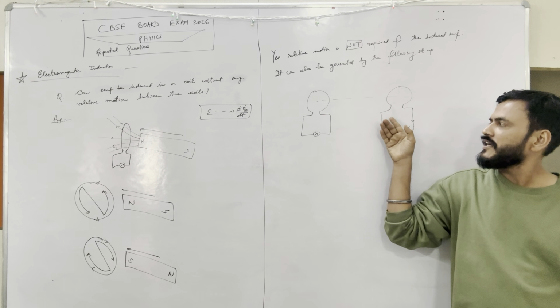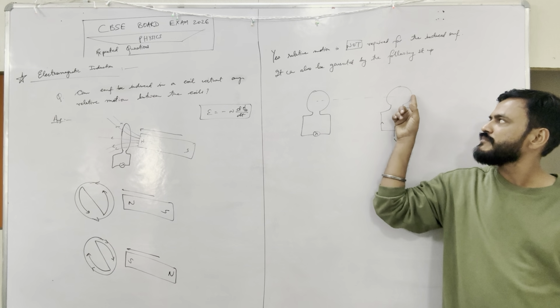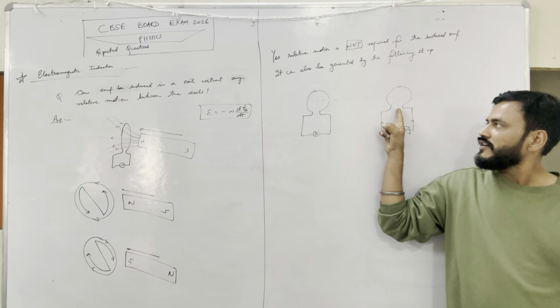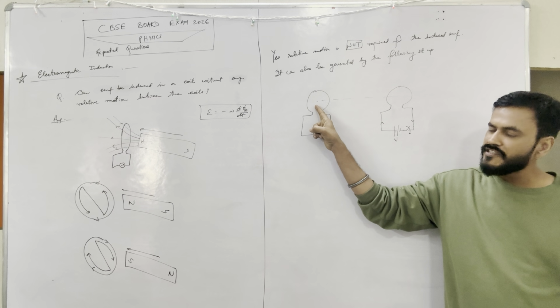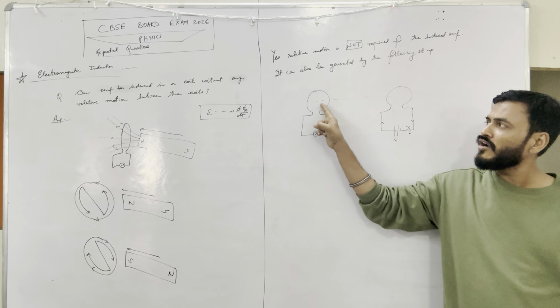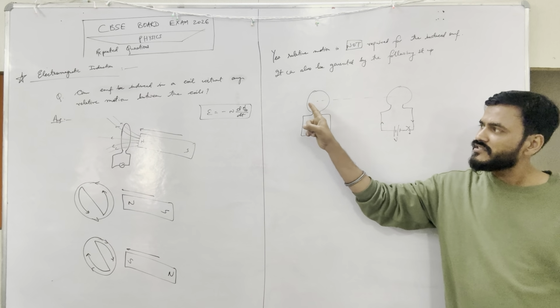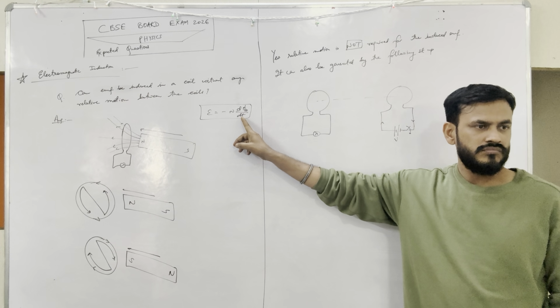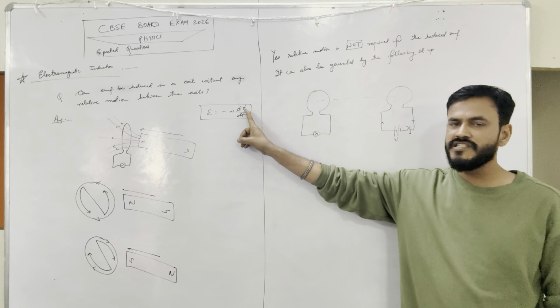Now after some time, the current will reach its maximum value and will remain constant in the coil. When current remains constant, the flux linked to the coil will also remain constant. Since the flux is constant, its change with respect to time becomes 0, because differentiation of a constant is 0.